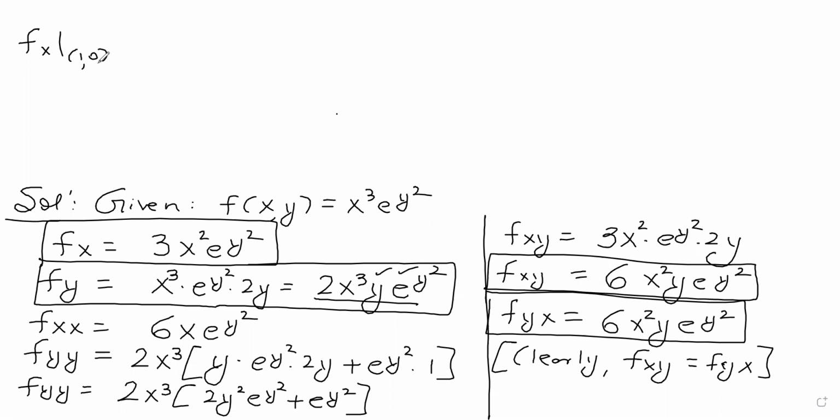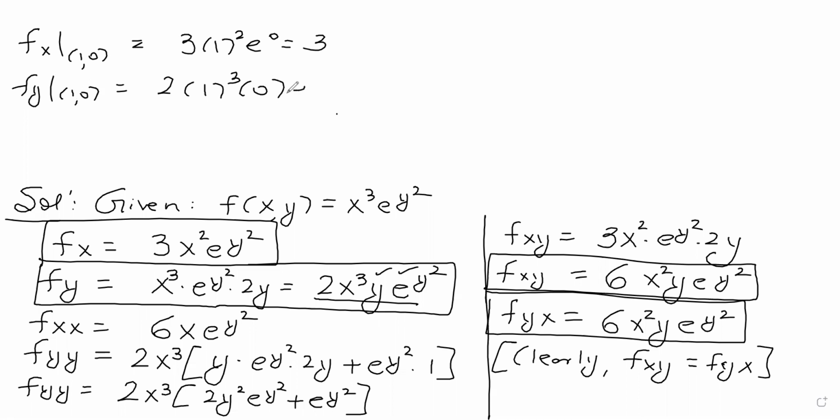Okay. So fx at 1, 0 will be 3 times 1 square e to the power 0, which is 3. Fy at 1, 0 will be 2 times 1 cube into 0 e to the power 0 square, which is 0.